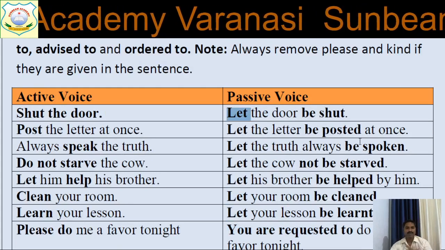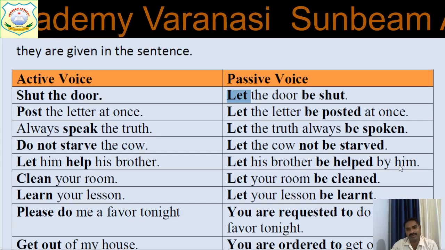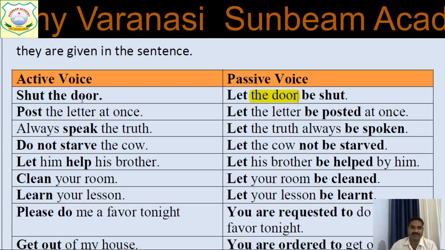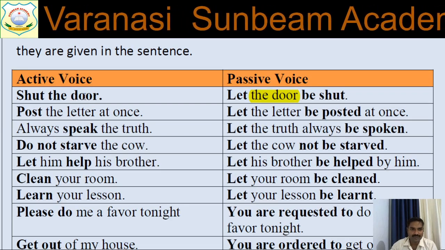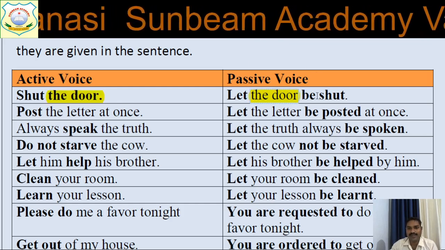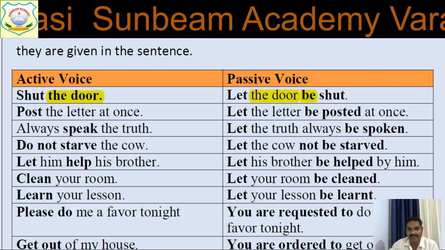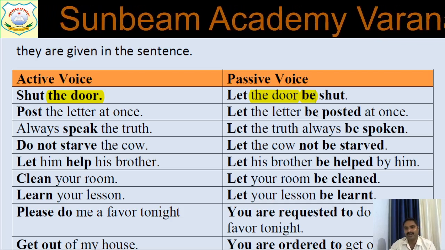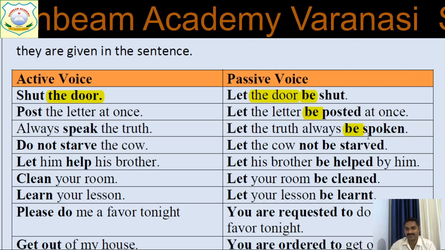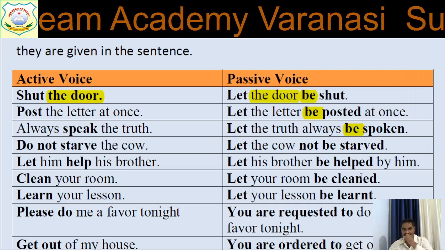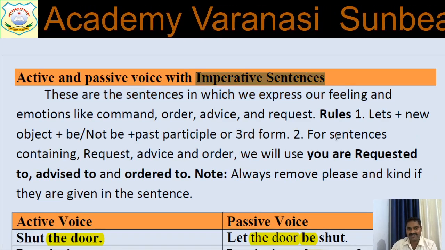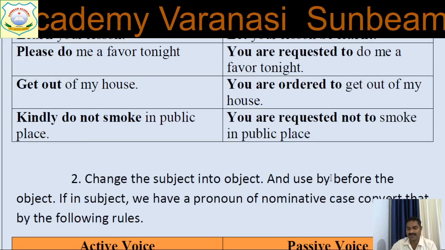Sometimes if you do not understand whether it is an order, command or so, write down let, and then you will write the subject, which will be taken from the object, the door here, and then the verb with be. As you use the be verb with the modals, similarly you will use be verbs with imperative sentences. With imperative sentences, you will write let, you are requested, and you are ordered.